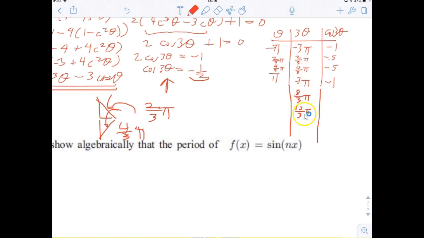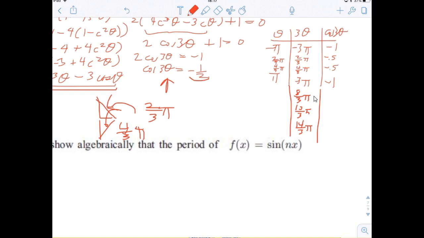And what about if we add 2 pi again to 8/3 pi? Then we'll get 14/3 pi. That is bigger than 3 pi, right? Because 3 pi would be 9/3 pi.